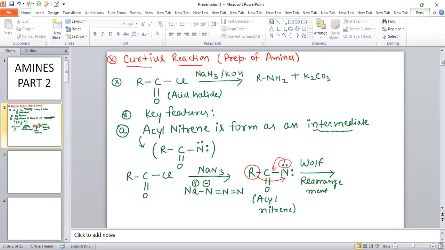When R moves onto nitrogen, R is now connected to nitrogen, and there is a double bond between nitrogen and carbon, and a double bond between carbon and oxygen. So this is alkyl isocyanate.